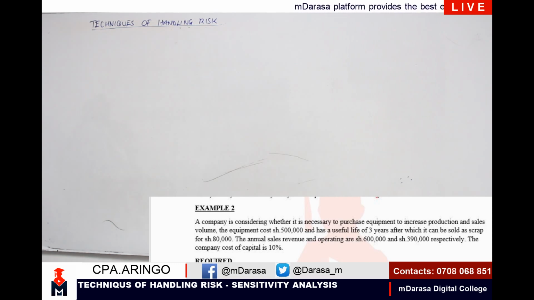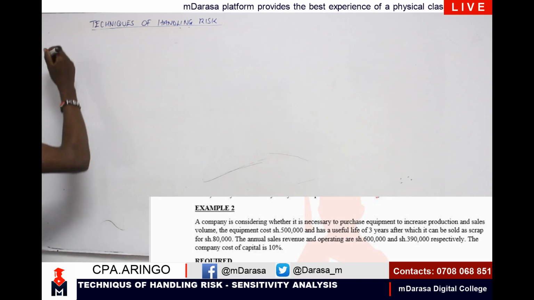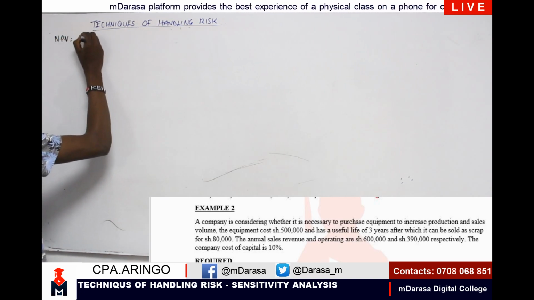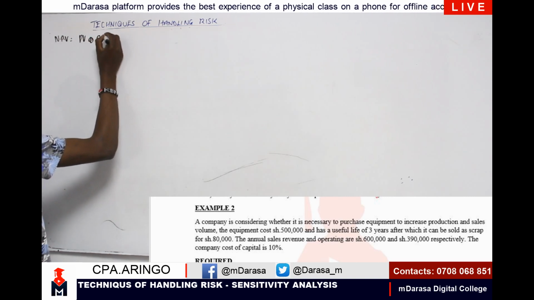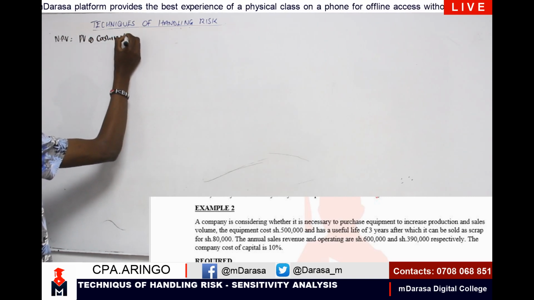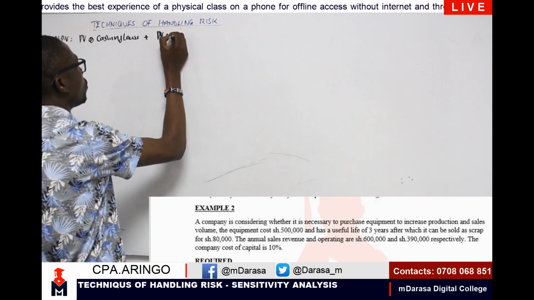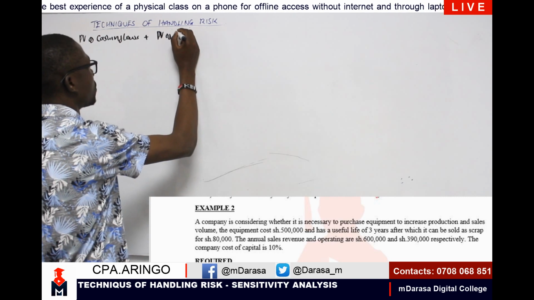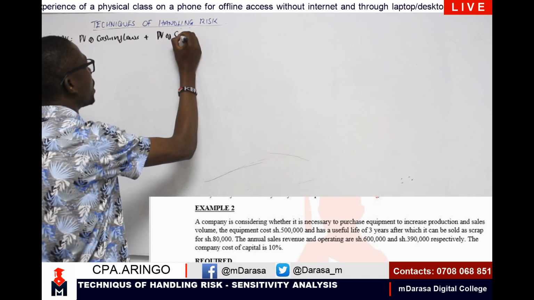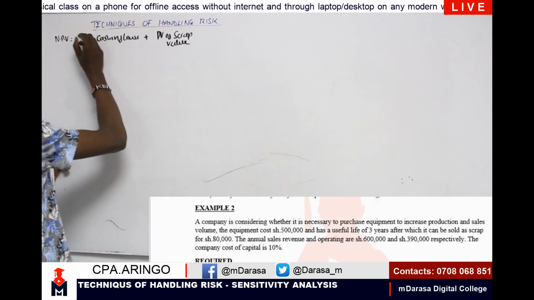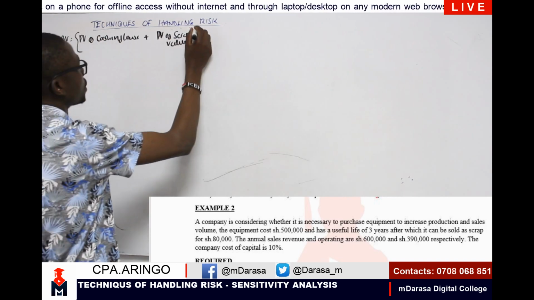So I know very well that my net present value therefore should be present value of cash inflows plus present value of our scrap value, right?